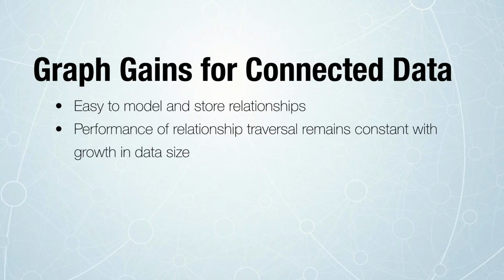But after it finds those start points, you're traversing the graph using what we call index-free adjacency, which means that you're traversing the graph essentially by doing pointer arithmetic to traverse to the next node and the next node and the next node. So it's a very simple way to navigate connected data that doesn't have the performance concerns of doing index lookups on each and every join.